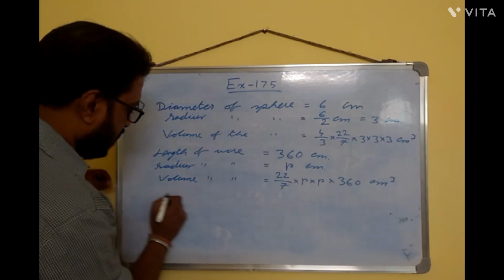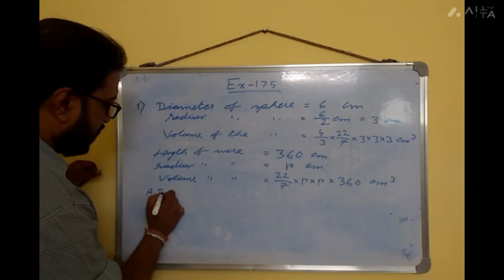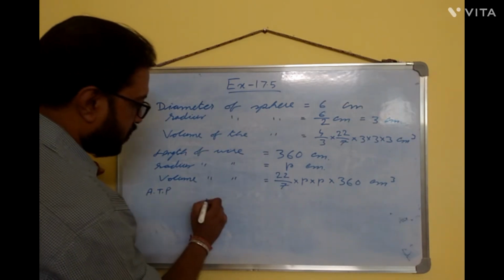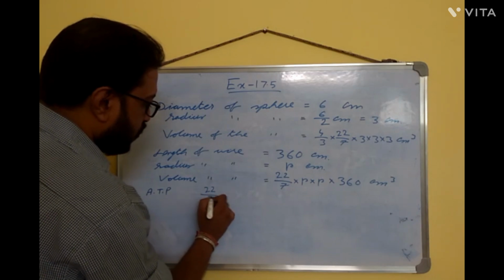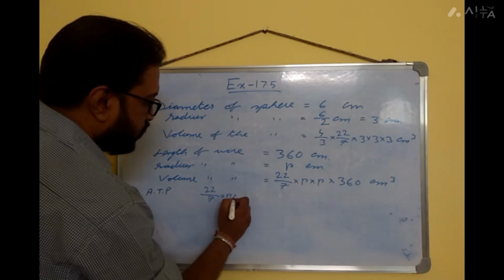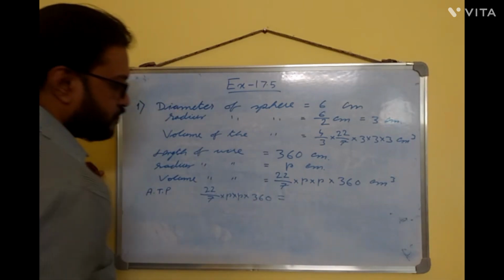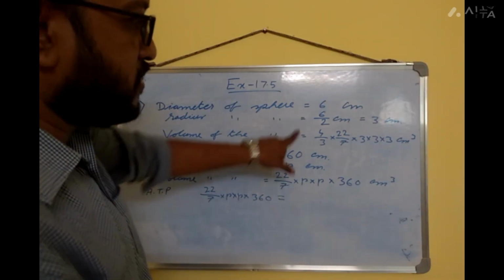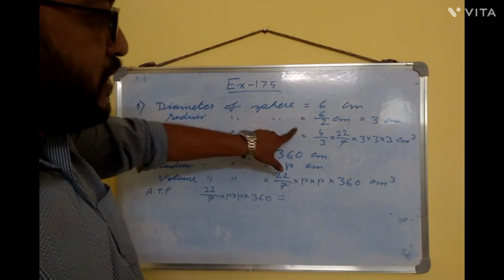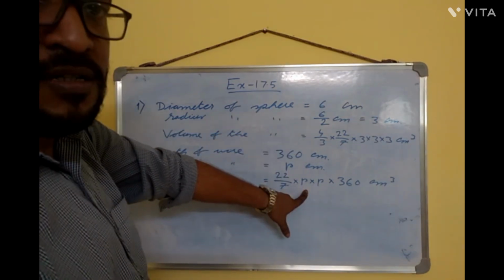So I add here, according to the problem, 22 by 7 into R square into 360 equal to, as I told you, in both the cases the volume is same because I am melting this one and creating this one.